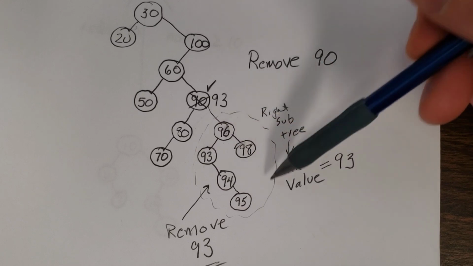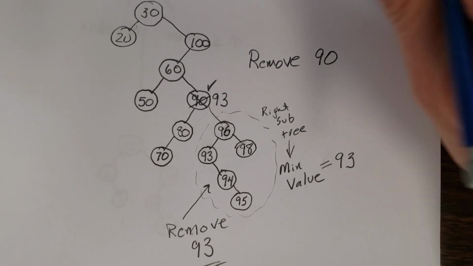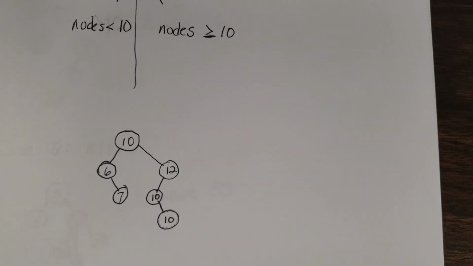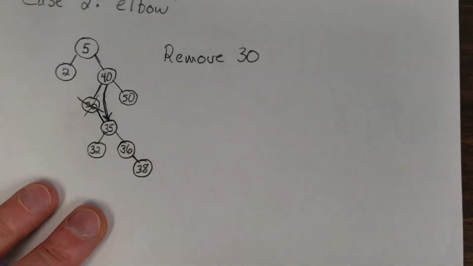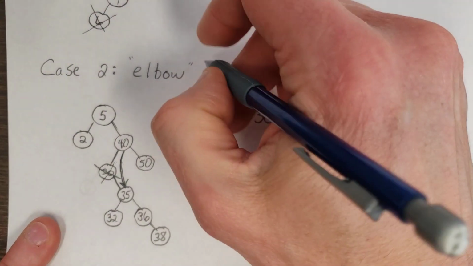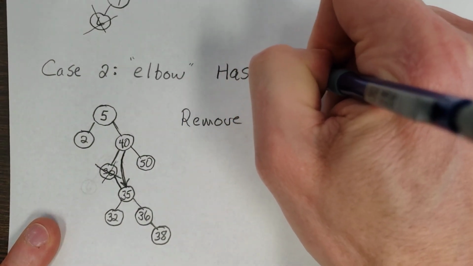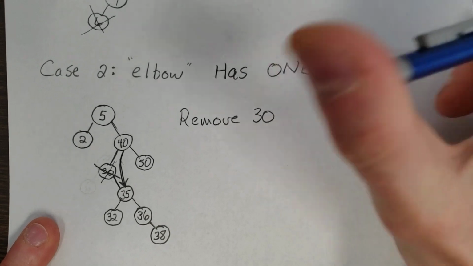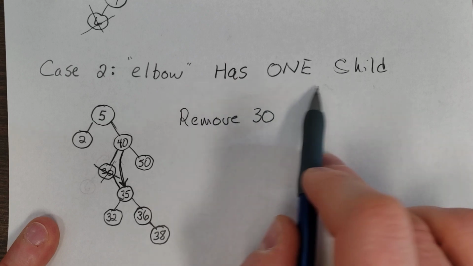And so when we're writing our code, we always need to make sure to check the 3 different cases. Is it a leaf? Is it an elbow? Or is it a node that has 2 children? I'm using this term elbow, but even if it doesn't look like a physical elbow, what I mean by case 2 is an elbow, it means it has 1 child. So it has 1 child.